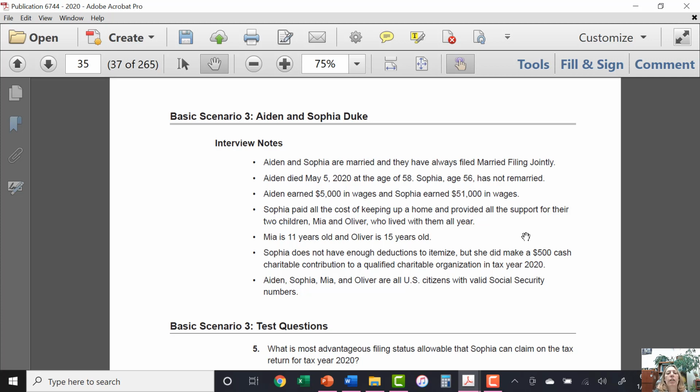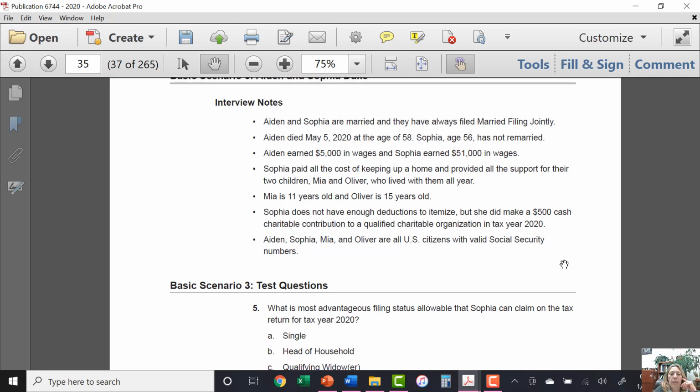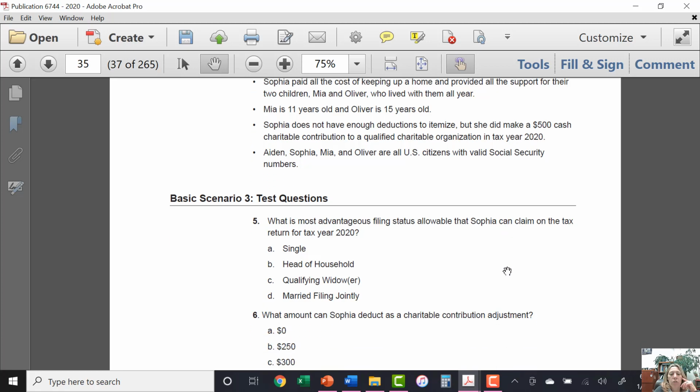She paid the cost of keeping up a home and providing all the support for her 2 children, Mia and Oliver, who lived with them all year. Mia is 11 and Oliver is 15. Sophia does not have enough deductions for itemized, but she did make a charitable contribution of $500, and it was cash, which means she can take the maximum of $300 for her adjustments. They're all U.S. citizens with valid Social Security numbers.